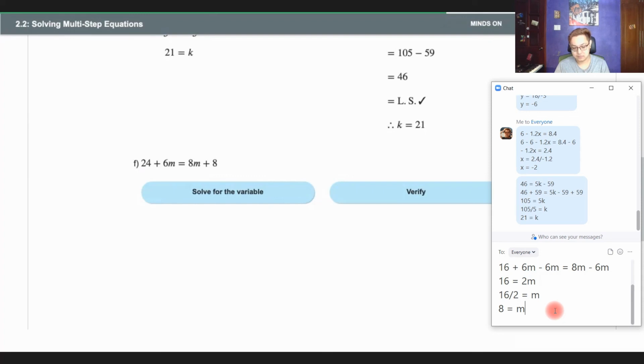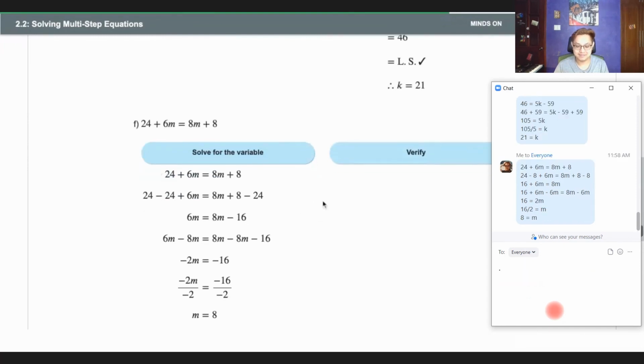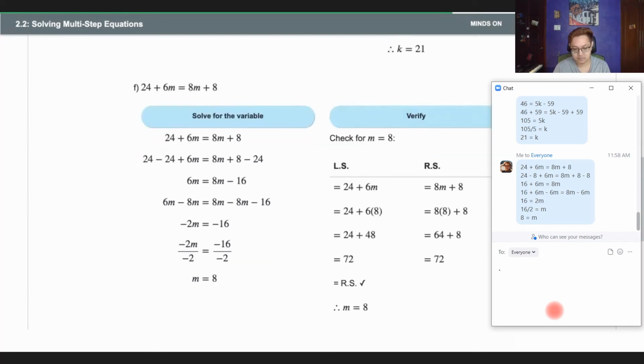So I think it's only 8. You said negative 8, but actually it's 8. Okay, now verify, please. So verify. So it's 8.